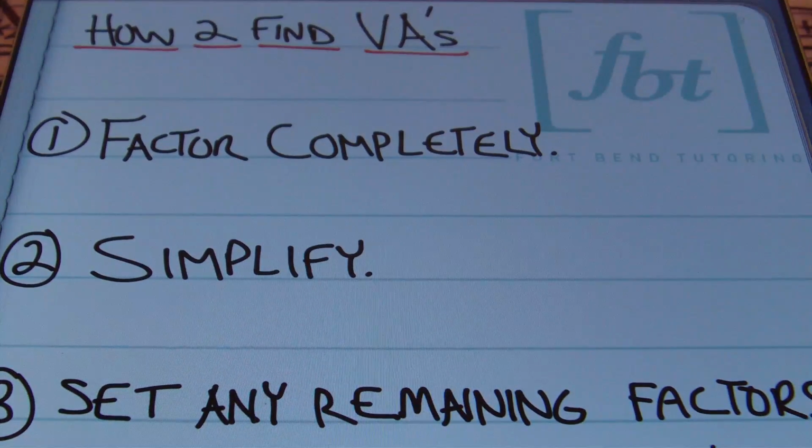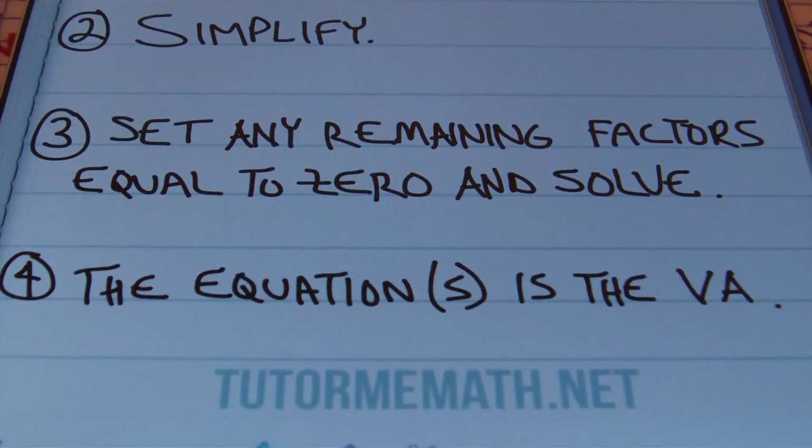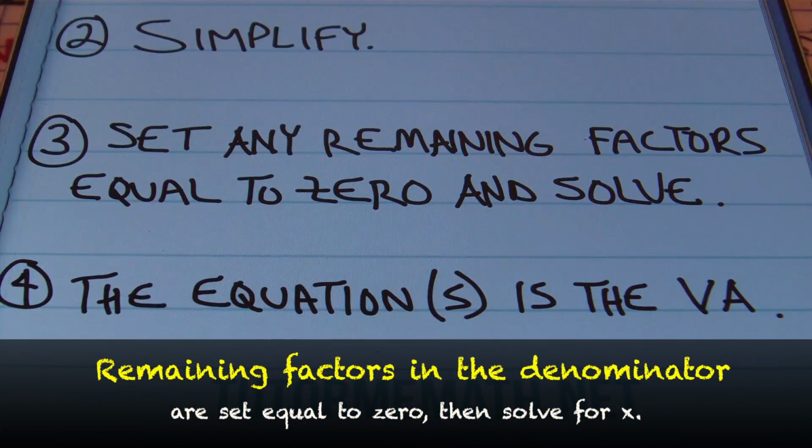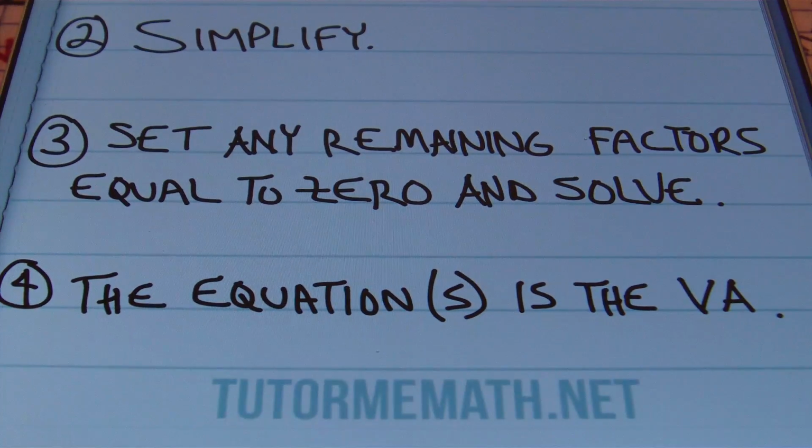Then set any remaining factors in the denominator equal to 0 and solve. The equations that you get from that will be the vertical asymptotes. Those are the steps that we'll be doing in our examples here. Alright, let's check it out.